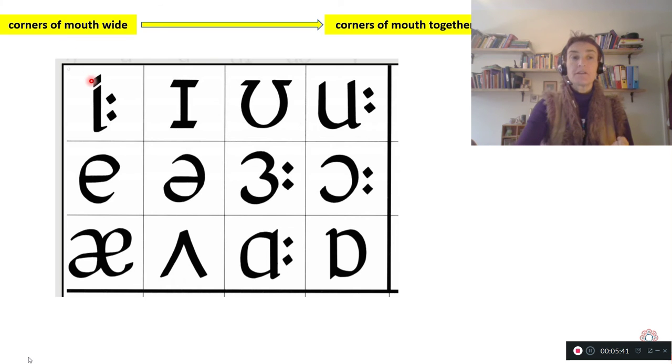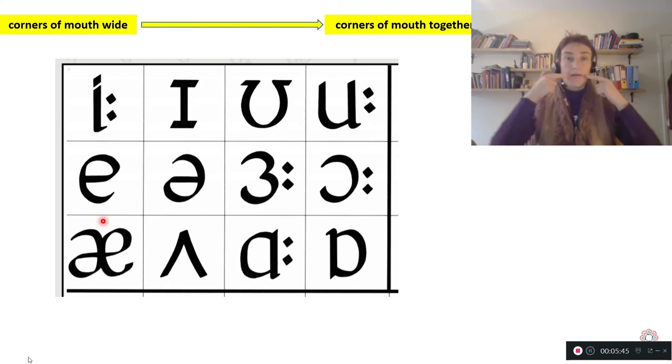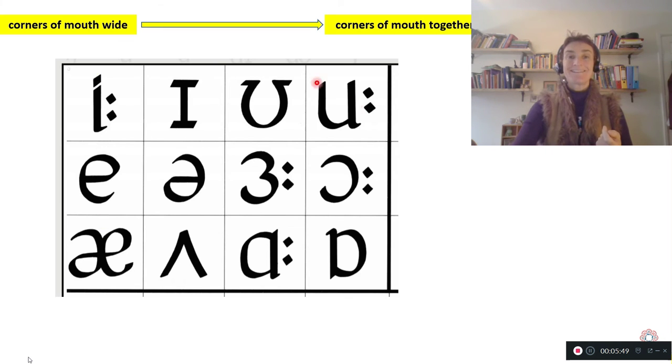So that means that this sound and this sound all have a very wide mouth, and these sounds over here all have a very together mouth. And I'm going to show you what that looks like at this top row up here.